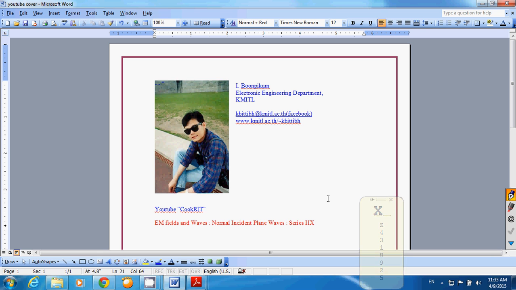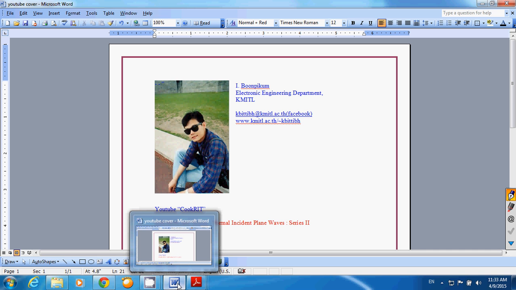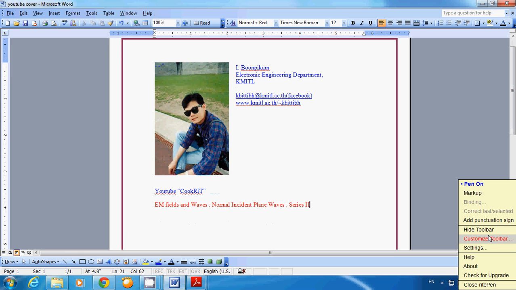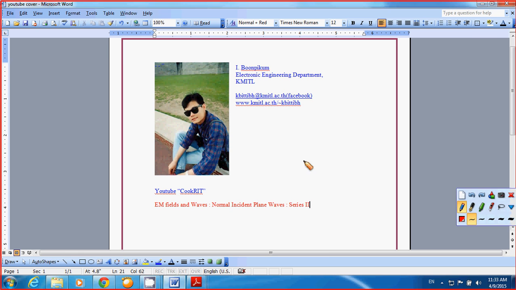And next we're going to talk about the oblique incidence. What does it mean, the oblique incidence? This means it's going to be a more complicated system. You're not talking about the normal incidence of the plane wave. So you have the media number 1 here, and you have the media number 2, and this is the normal line here.